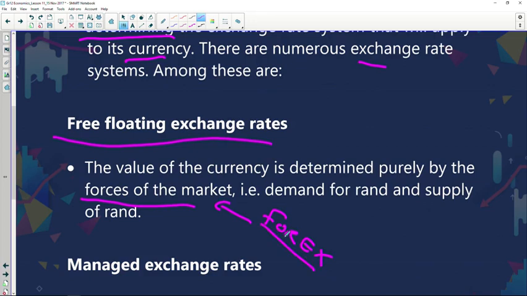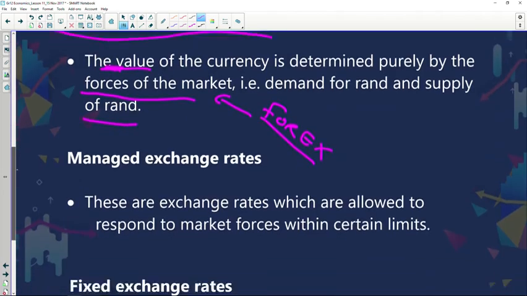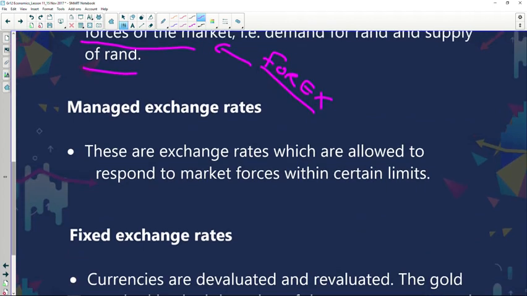So the forces in the Forex market will determine supply and demand. That's the demand for the rand and the supply of the rand, and this will happen in the Forex market. So that is the first system that a country could possibly use.